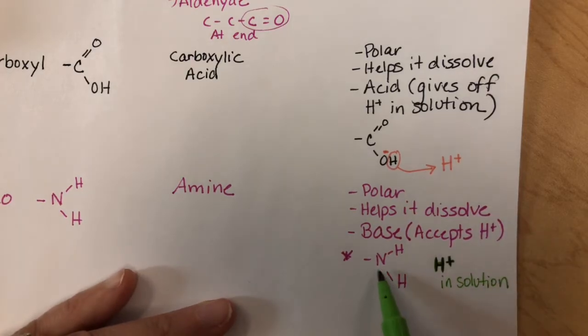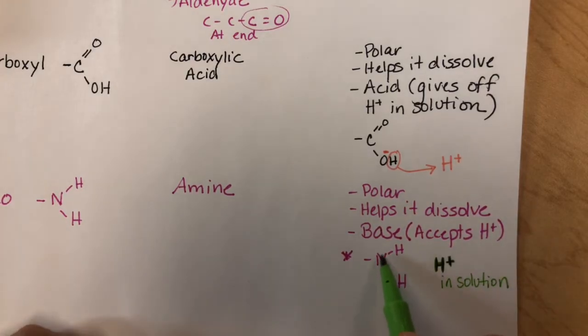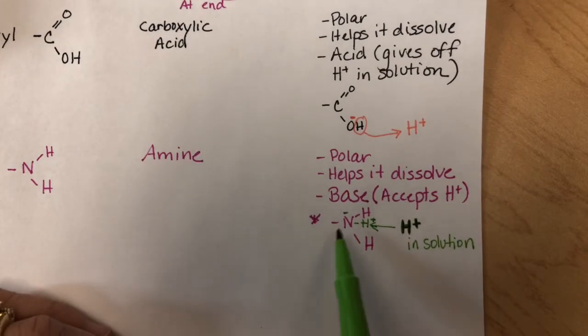What happens is this is a polar covalent bond, and so the nitrogen, just like oxygen and hydrogen in water, don't share electrons equally, and oxygen has a slightly negative charge. That's the same here with the nitrogen. The nitrogen has a slightly negative charge, and so this H plus is attracted to that, and it attaches and bonds, the opposite charges attract, to that nitrogen.